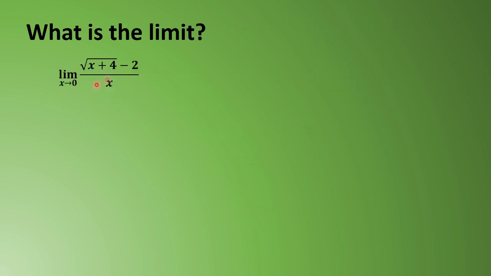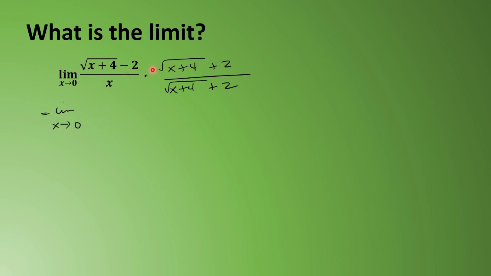If we try to substitute 0 to our function here, it would give us 0 over 0. So let us use the process of rationalization by multiplying this function by its conjugate. Its conjugate would be the square root of x plus 4 plus 2 over the square root of x plus 4 plus 2. So we have the limit as x approaches 0.